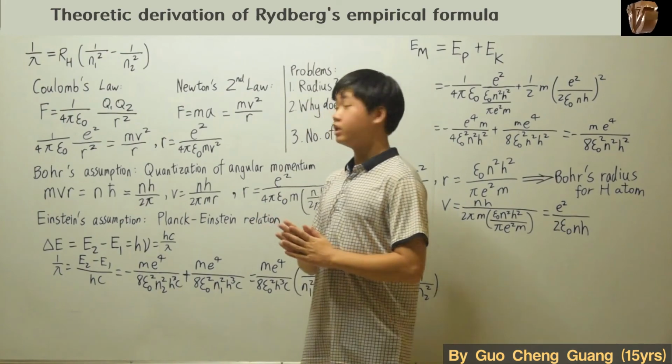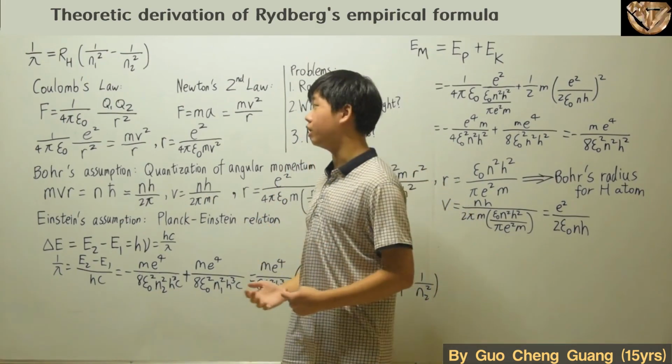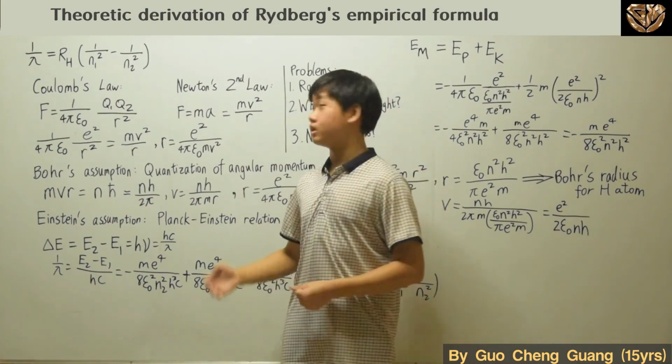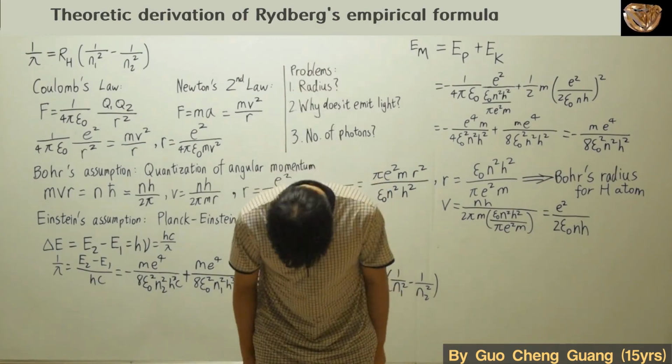Alright, so I hope this lesson of showing how you can derive the Rydberg's empirical formula theoretically has helped a lot. Alright, so I'll just be ending this lesson here, and thank you for watching.